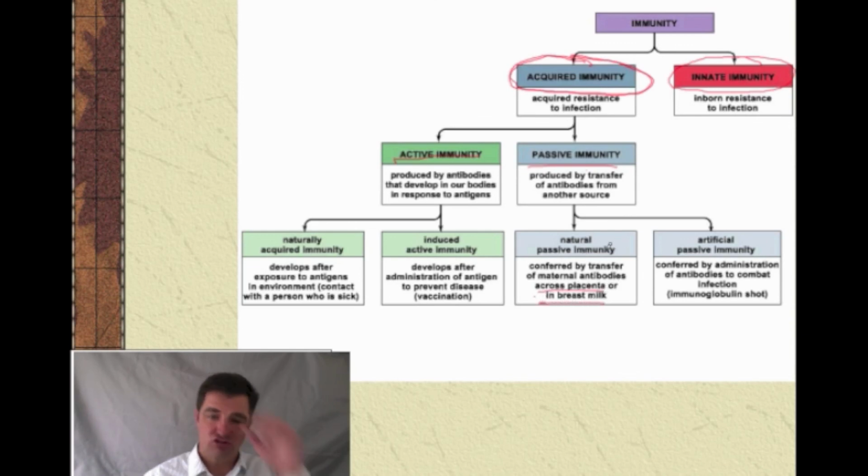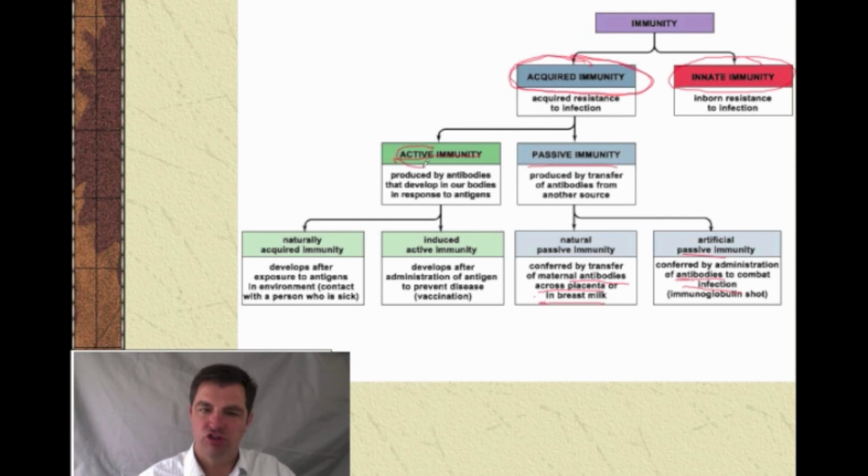So you're getting natural passive immunity, meaning that your immune system is not actively acquiring the ability to fight it off, but instead you're getting the antibodies transferred from mom, for example, to fight off an infection. Artificial passive immunity is like when we inject an antibody or an antitoxin. If you got bit by a snake, for example, they could give you antivenom or antitoxin. They inject it, and they're basically injecting antibodies to that.